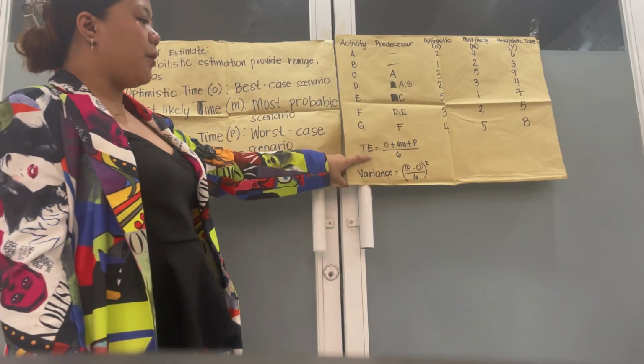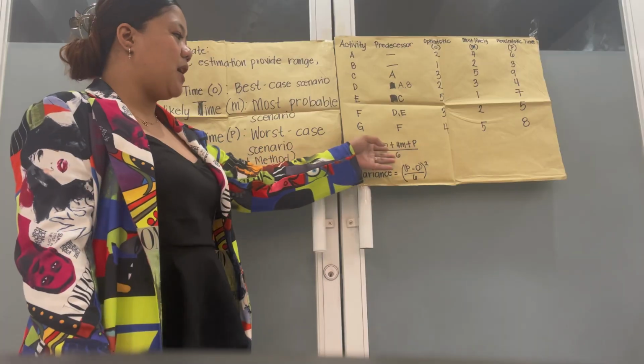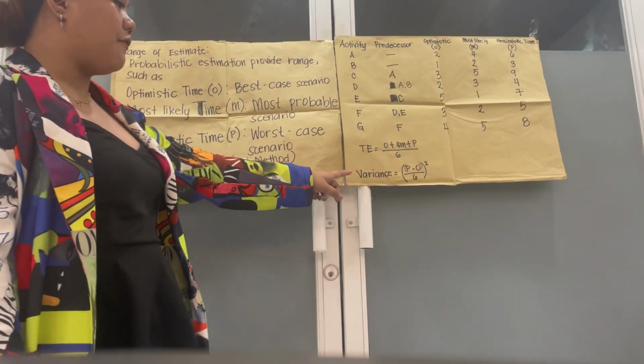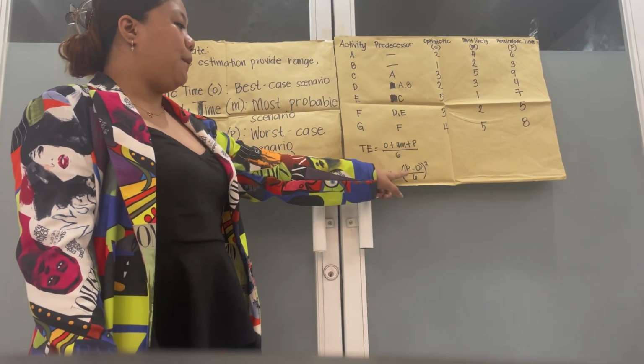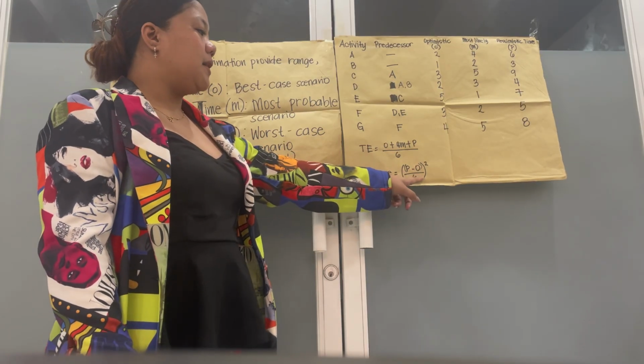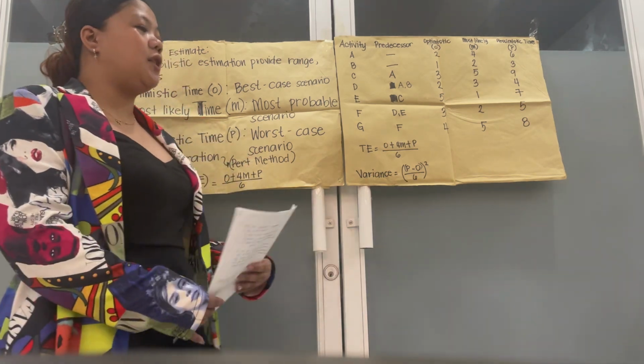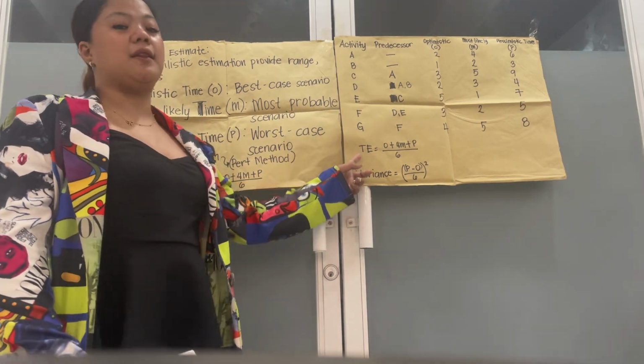So this is the formula of expected time: O plus 4M plus P divided by 6. And also we have variance, which is P minus O divided by 6, squared. So next, we proceed to compute the expected time.